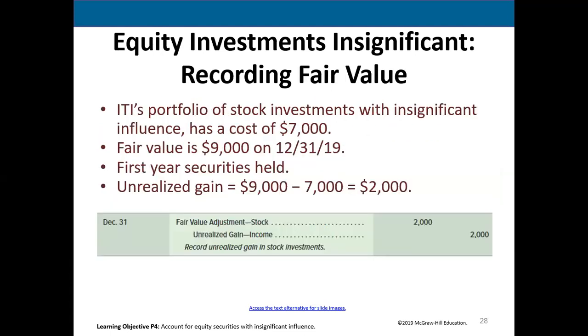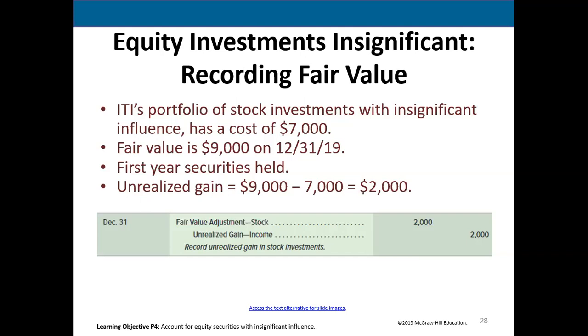Now, at the end of the year, just like trading and available for sale in our debt investments, insignificant equity investments are reported at their fair market value. So what the stock is trading at the end of the year. So the fair value of this investment is $9,000. And this is the first year they bought the investment.